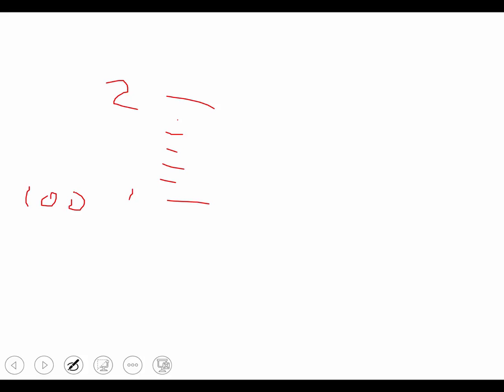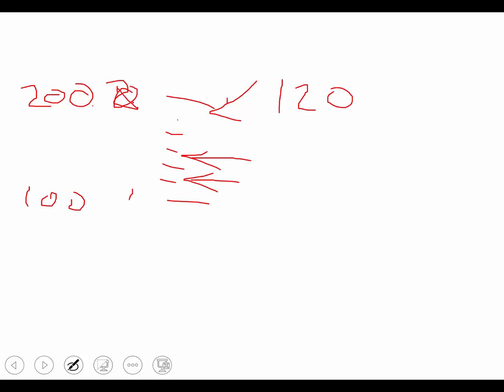If this is 100, this is 200. A lot of people put that as 120. Okay, 120 is down here. 150 is there. This is 200, whatever the unit is. That's 100. So just remember how to plot on logs.